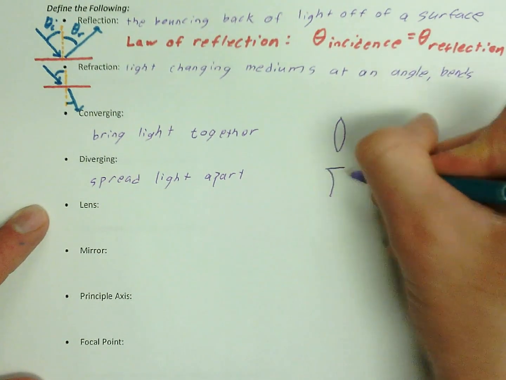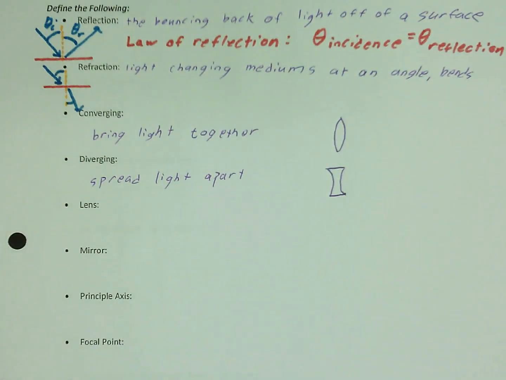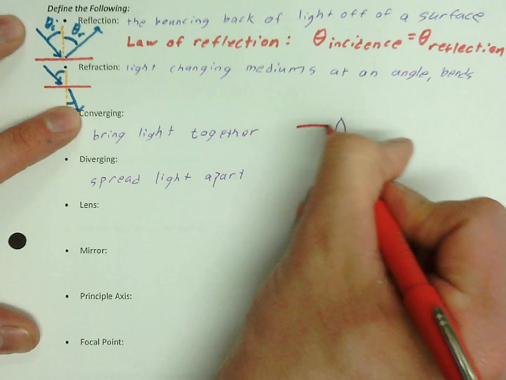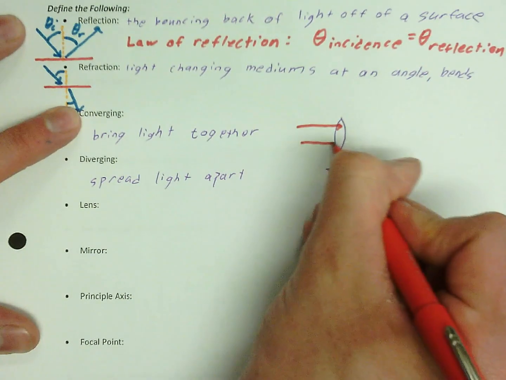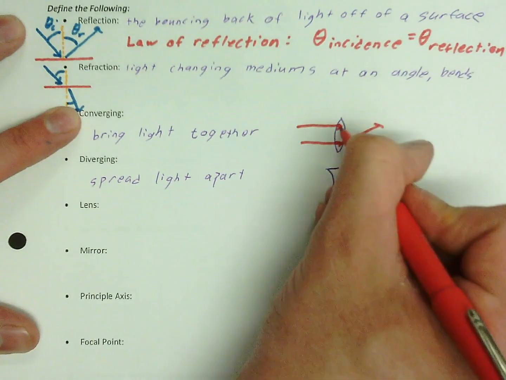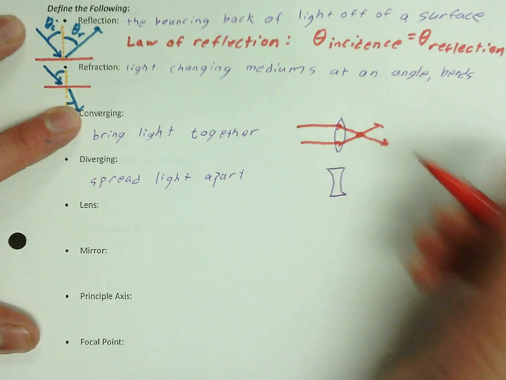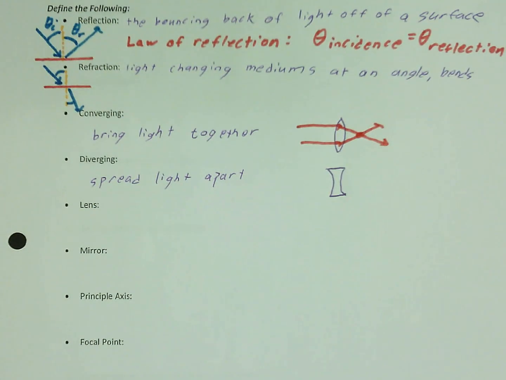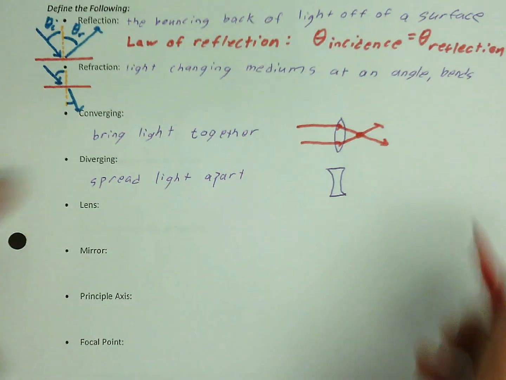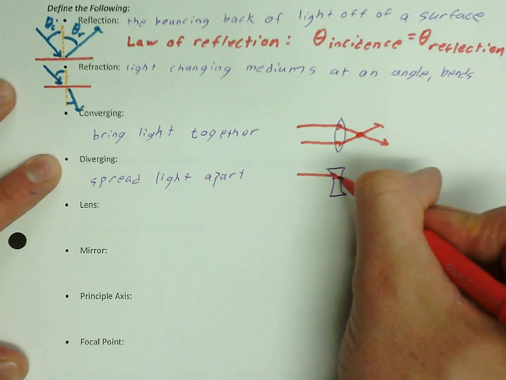Another type of lens looks like this. This is sometimes called a converging lens because when the light comes in, it converges to some point where it meets. That would be called converging. It's bringing the light together. Diverging lenses spread the light apart, so they look something like this.